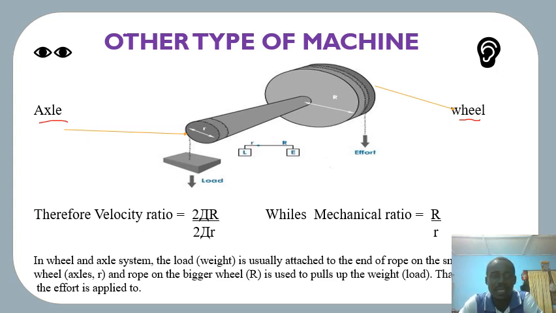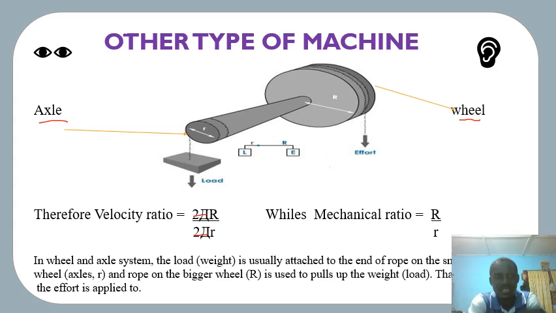When they give you the pi and the radius, you multiply by 3.14 times 2, then you divide by 2 times the other. Even here we can just cancel the 2 pi and divide this one by that straight away. So the velocity ratio is equal to this by this, whilst the mechanical advantage is equal to capital R over small r.